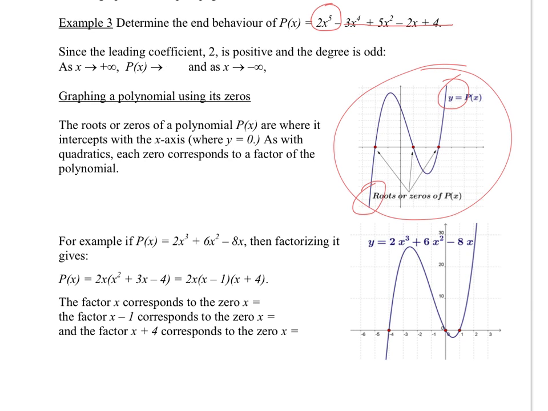If you're going to write that down more technically, you would say that as x goes towards infinity, the polynomial is also going to go towards infinity. And as x goes towards negative infinity, way down at the bottom left, the polynomial is going to go towards negative infinity.